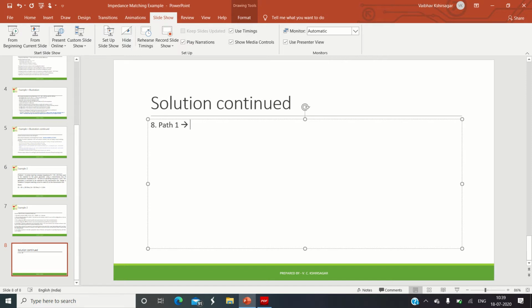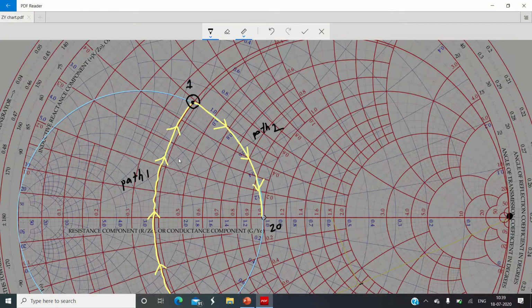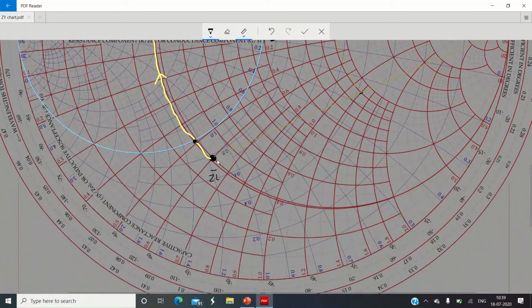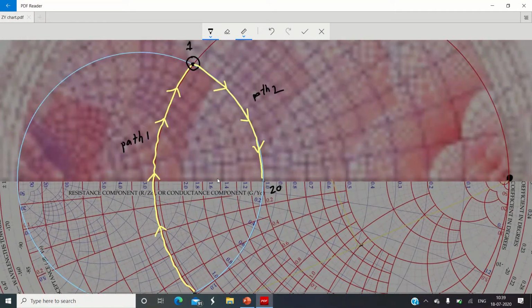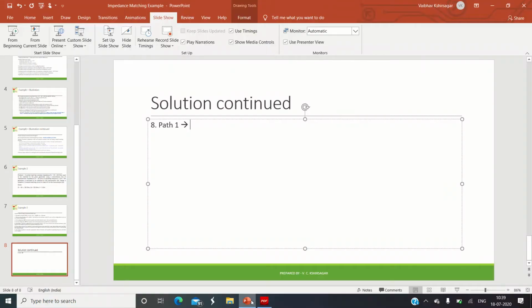First of all, you need to write what path 1 is. See your Smith chart: path 1 is the path between ZL bar and point number 1. So I will write small zL to point 1.